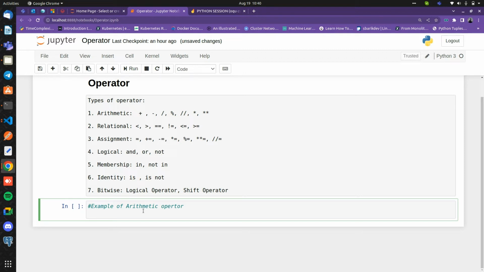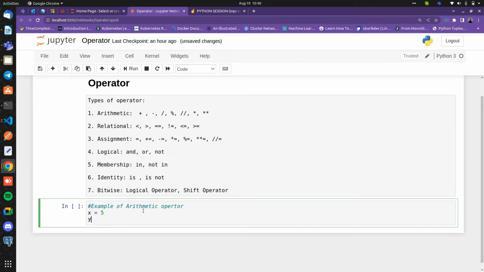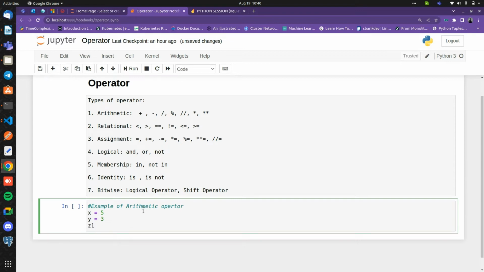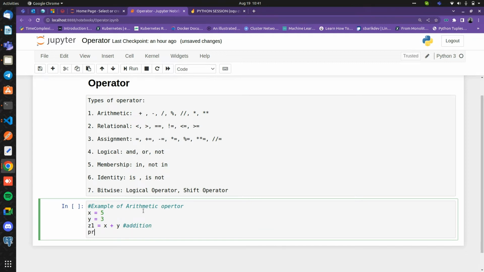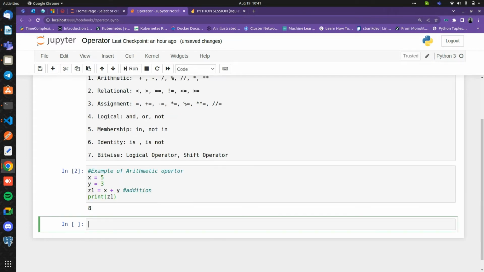Let's say I have a variable x which is 5 and a variable y which is 3. I'm going to write z1 equal to x plus y. So this is x plus y, this is my addition. Okay, so if I print z1, that will give me the output 8. So plus is my addition operator.